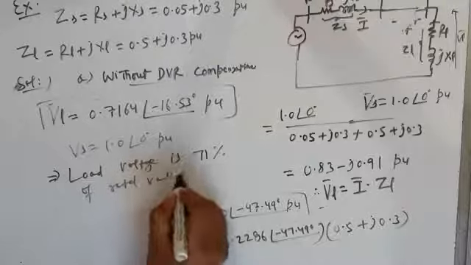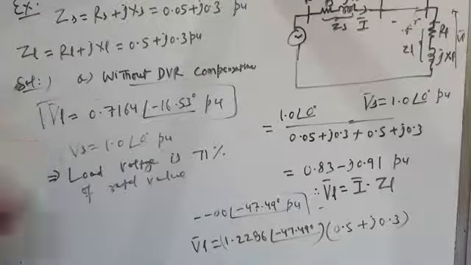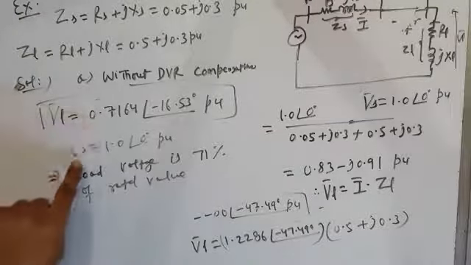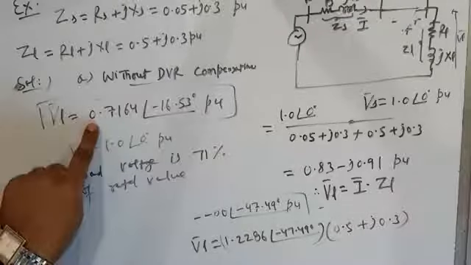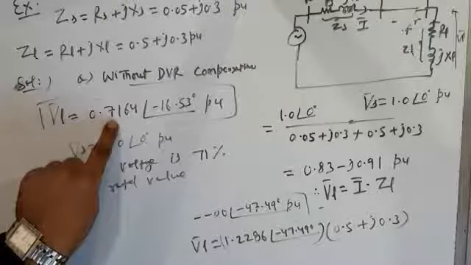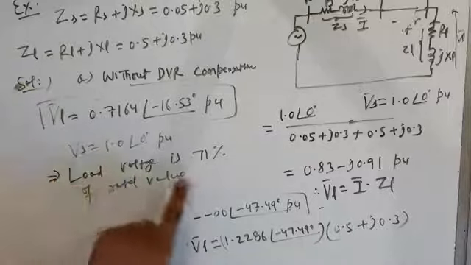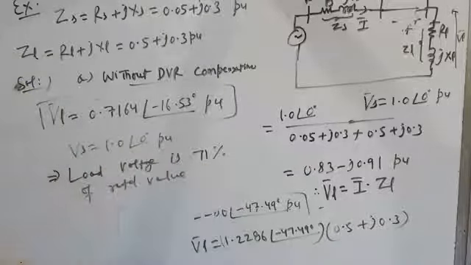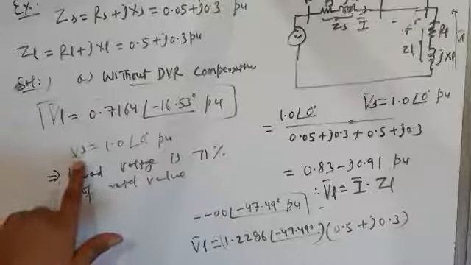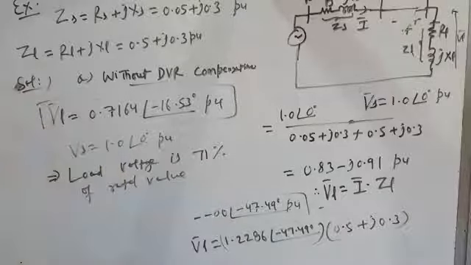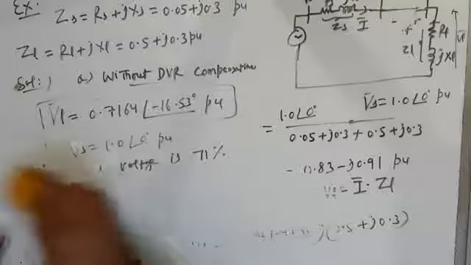Your load voltage should be same as source voltage for zero voltage regulation, but source voltage is 1 per unit, load voltage is only approximately 0.7 per unit. So about 29% of voltage is missing. Okay, so this is part A.